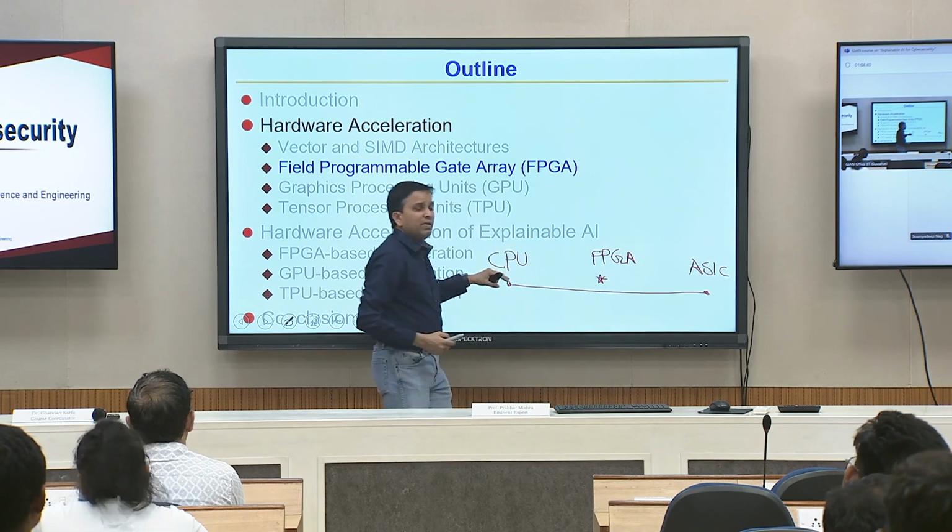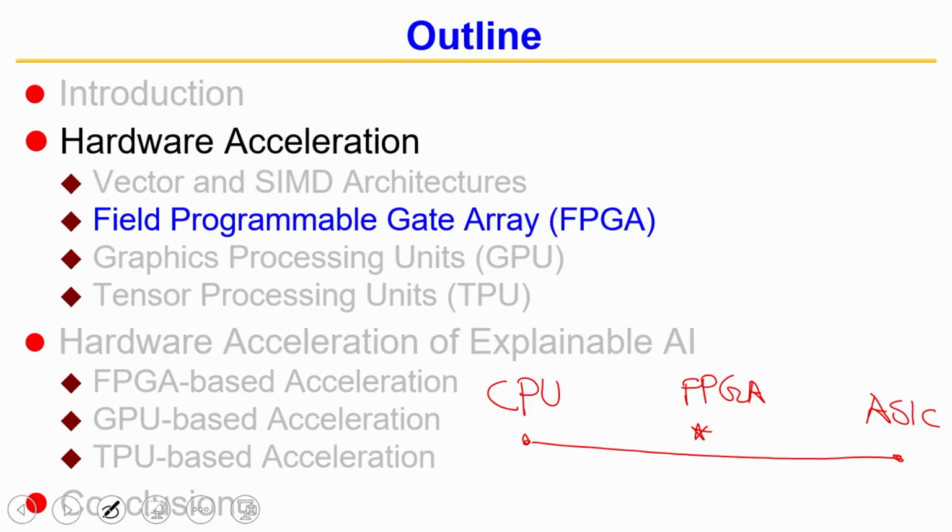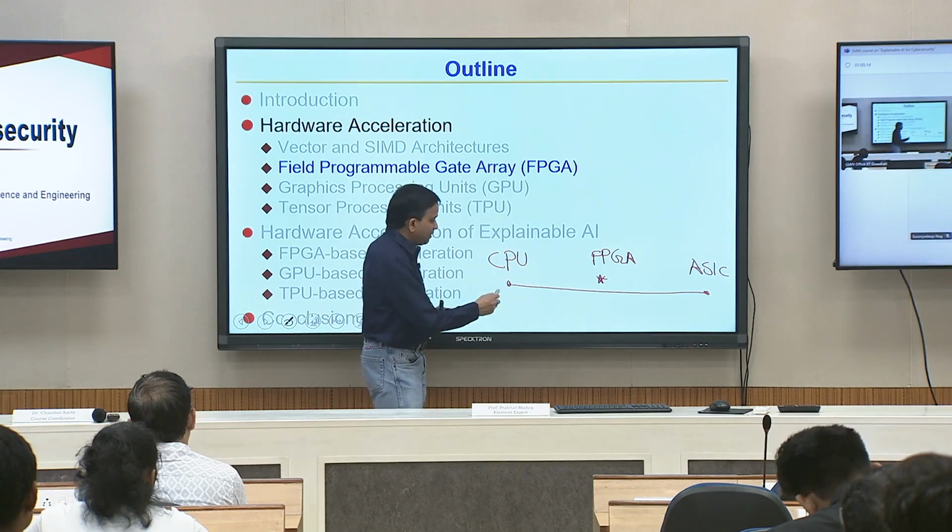So, in terms of flexibility, CPU is the most flexible one. Using a CPU you can run anything. If you can write a program, you can run anything. Using ASIC, that is not possible. ASIC is hard coded: if you design an adder, all of its life it is only going to be able to add, nothing else. On the other hand, FPGA is a reconfigurable fabric, which you can change, but it is not as flexible as a CPU.